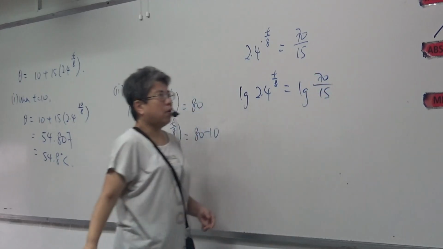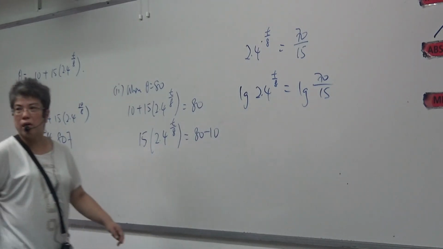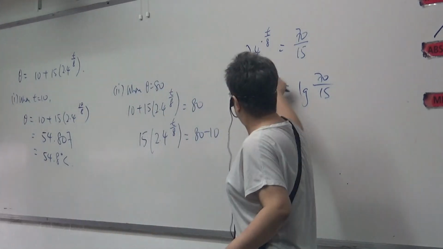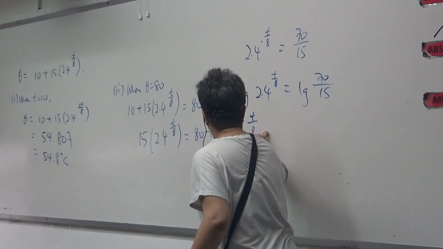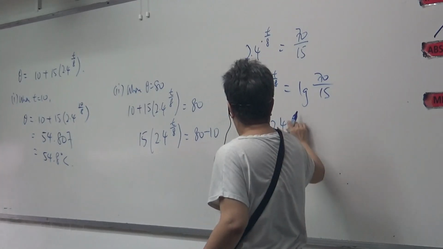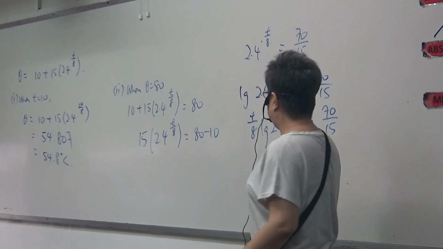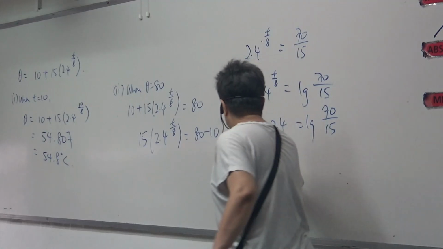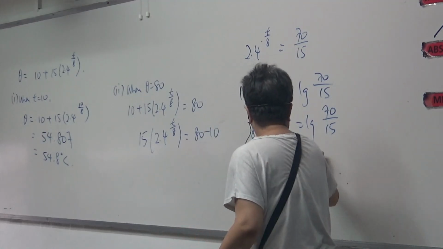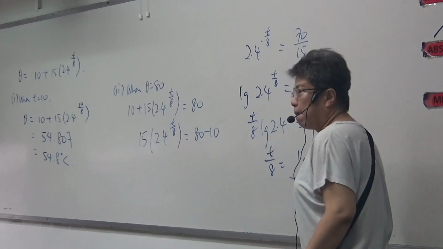I will take log on both sides. Can everybody see that? Now, when I take log on both sides, what is my intention? I want to bring this thing down, right? So t over 8 times log 2.4 will be log of 70 over 50. Then t over 8 will be log of 70 over 50 divided by log 2.4.